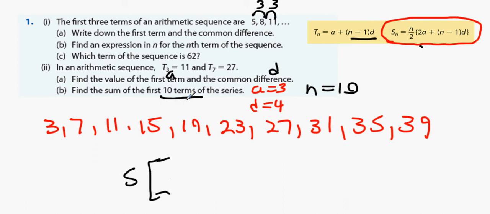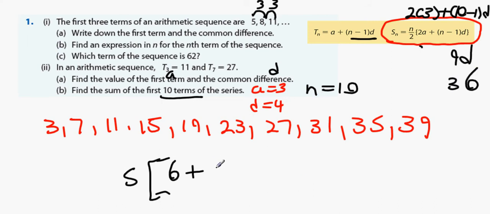2a is 2 multiplied by 3, which is 6. And then this one here is plus 10 minus 1 times d. So it's going to be 6 plus 9d, and we know that d is 4, so 9d is 36.